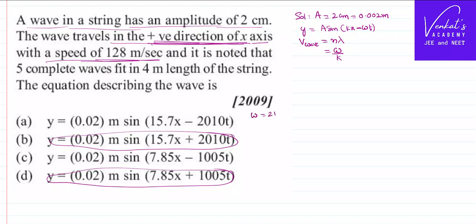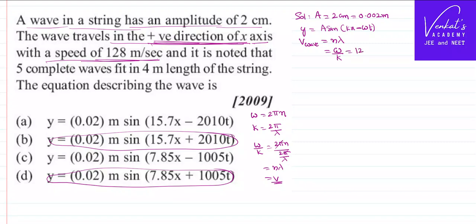Omega can be expressed as 2 pi n, where n is frequency. k, the phase constant, is equivalent to 2 pi by lambda. Then omega by k will be 2 pi n divided by 2 pi by lambda. 2 pi cancels, and I get n lambda, which is equal to the velocity of the wave itself. So velocity of a wave can be expressed as omega by k.